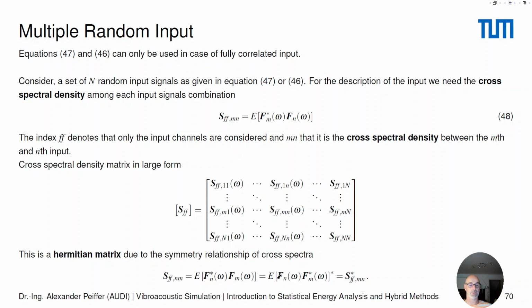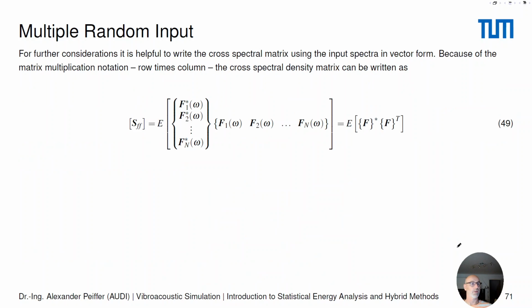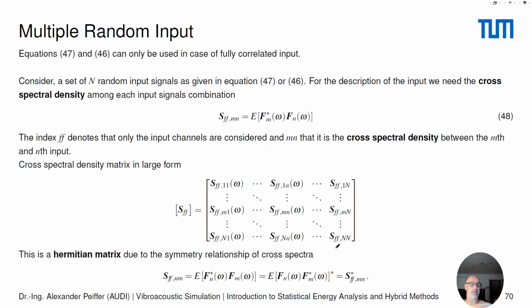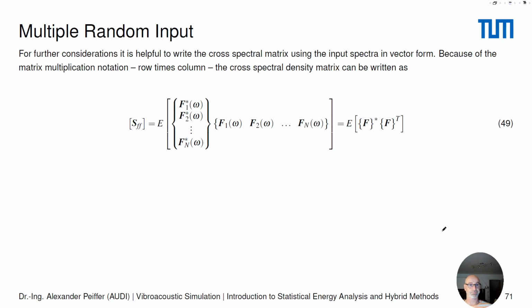So if we exchange the indices, we get the complex conjugate of this function. In short, for describing a random input, we need this matrix. Important to know: if you have, let's say, 100 input functions, we end up with a 100 times 100 square input matrix. This is what we need. We would not get another option to deal with a correlated input.